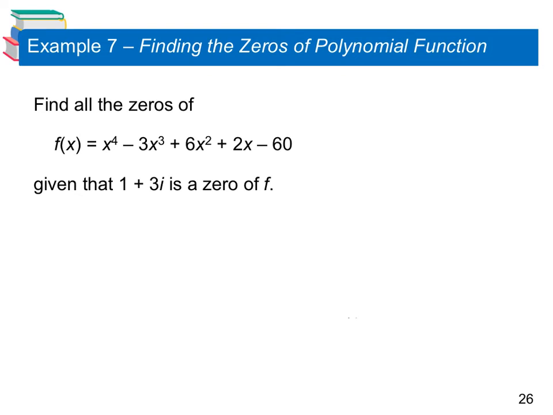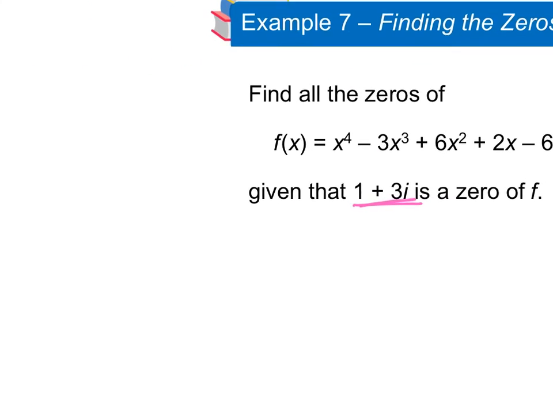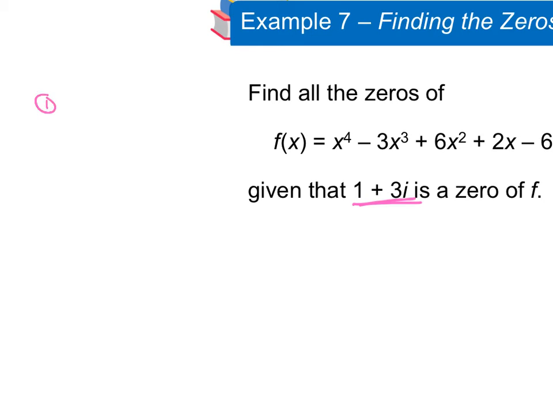So here it gives us our polynomial, and we need to find all of the zeros of it. So we're given 1 plus 3i as a zero, and we need to find the rest. So the steps we need to follow: first, we need to find the conjugate. Step number 2 is FOIL the roots.